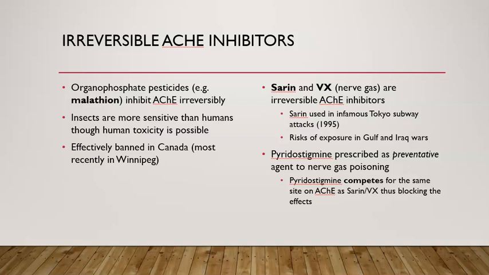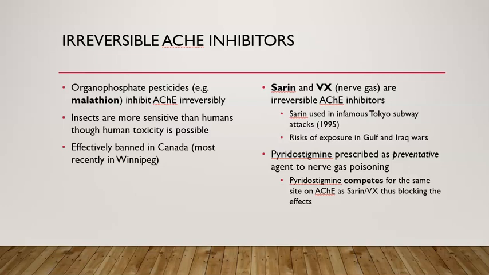Now, there are some preventative agents. Pyridostigmine, which we talked about before, has been prescribed as a preventative agent for this nerve gas poisoning. So soldiers would actually take pyridostigmine preemptively.